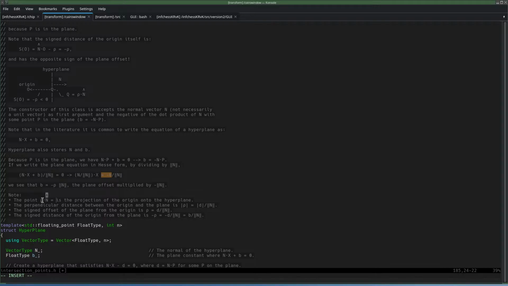So rho is what? Rho in terms of b. Rho is minus b divided by that. That is minus b divided by that.